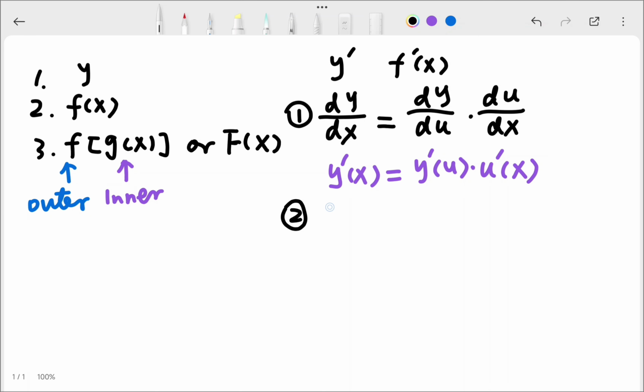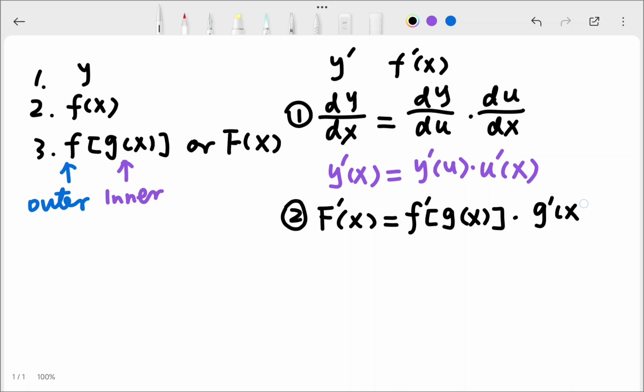The other formula, you may have seen it like this. I'm using the shorthand. So what this means is the derivative of this layered function with respect to the variable x equals the derivative of the outer function f with respect to g(x), multiplying with the derivative of g(x).